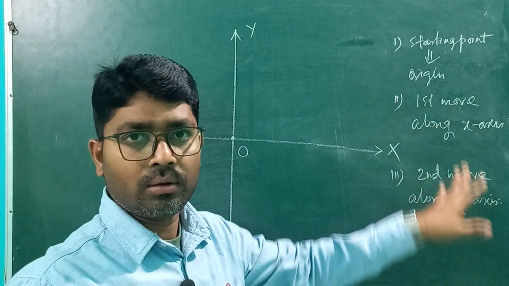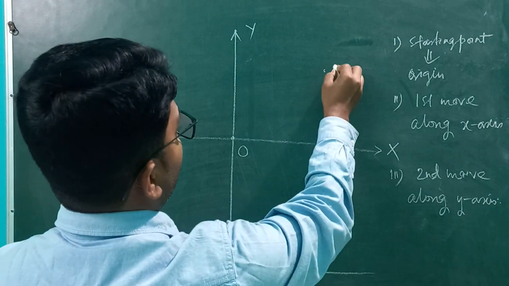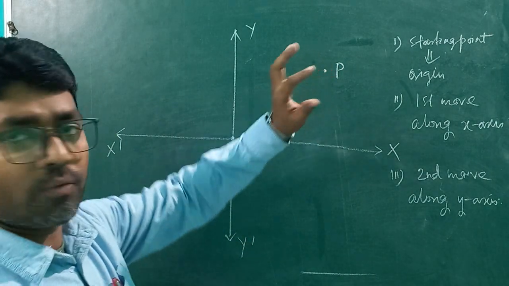These are our rules. Suppose there is any point P. Now how can we reach the point P?